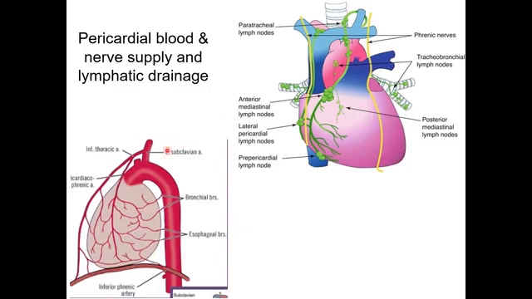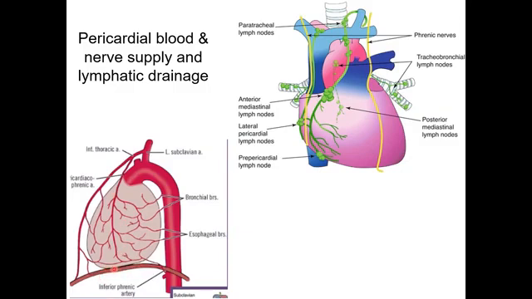Regarding the blood supply, the fibrous and parietal pericardium will receive several arterial branches from anterior and posterior sources. Anteriorly, we have the internal thoracic artery, which gives several pericardial branches, or pericardiophrenic branches, because they supply the pericardium and the diaphragm.